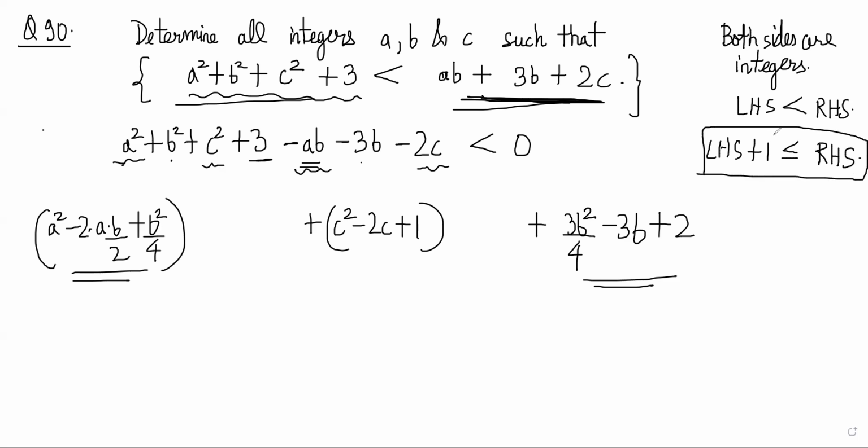If both sides can take only integer values and LHS was less than RHS, then this inequality is correct. LHS plus 1 could be still less than RHS, or it could be equal to RHS, because the next integer after LHS would be LHS plus 1, and it could be equal to RHS or could be still smaller than RHS.